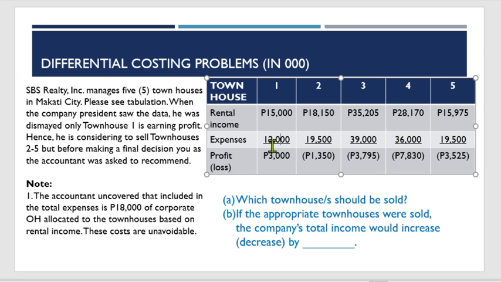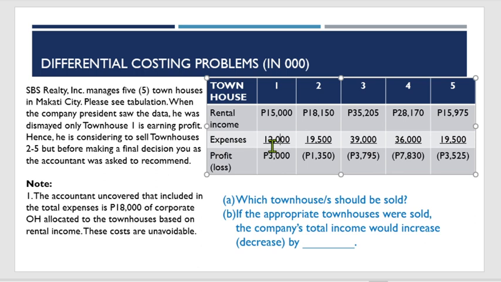Next, for item B, if the appropriate townhouses were sold, the company's total income would increase or decrease by how much? If you sell the ones with negative margins, Townhouse 4 and 5, what happens to total income? Because they are negative, your total income will increase.